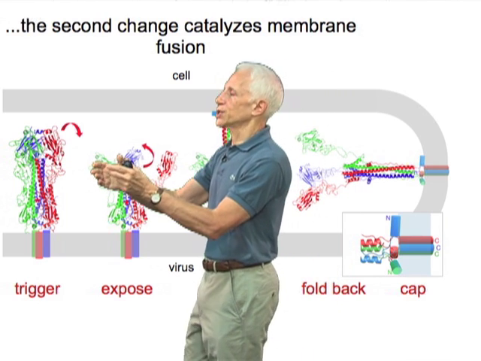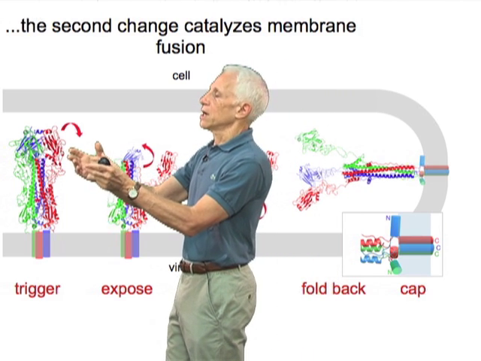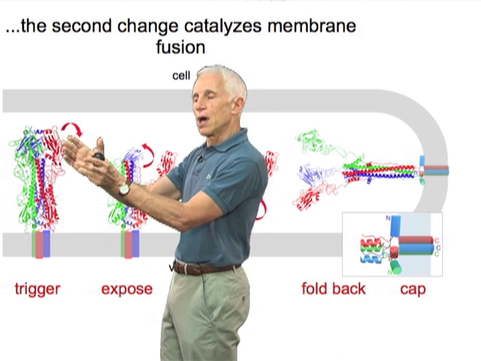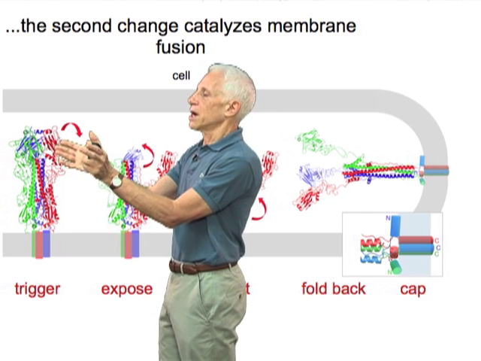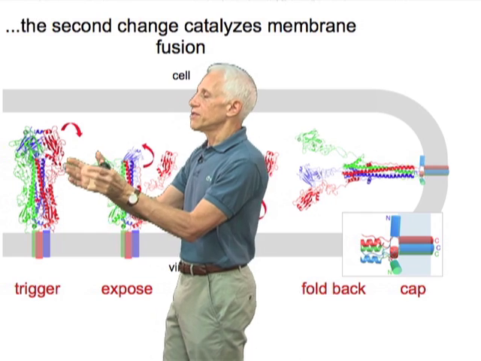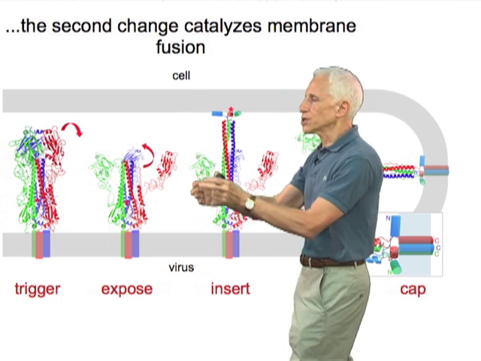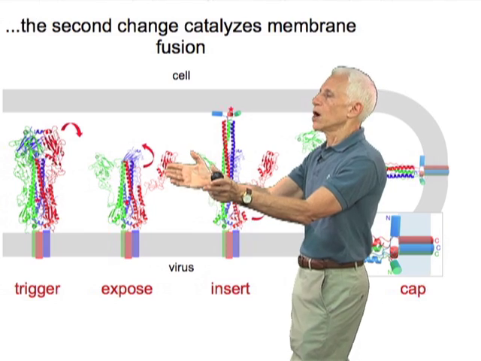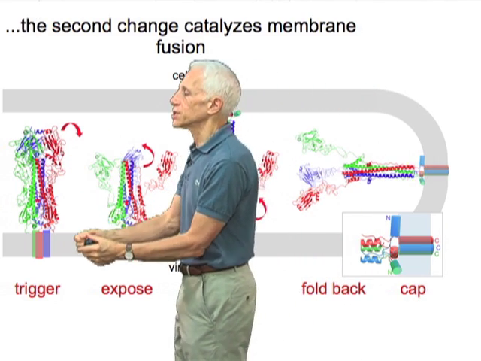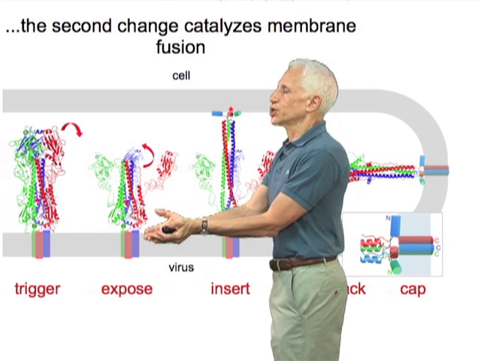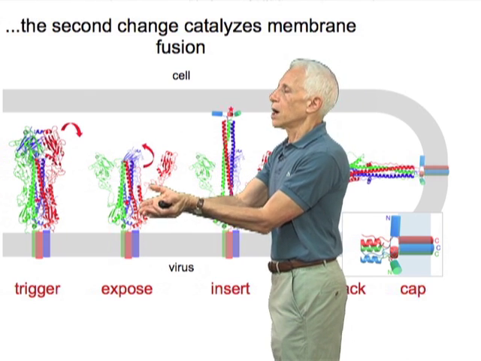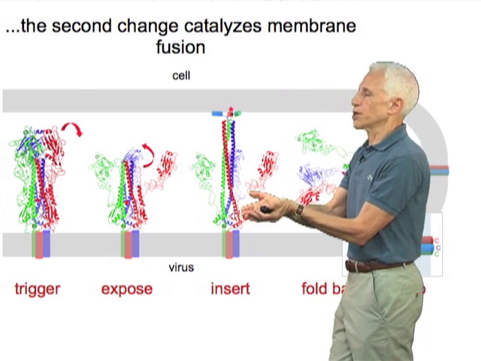But some experiments done already 10 or 15 years ago, actually more than that, nearly 20 years ago now that I think of it, showed that if you knit the tops together, then this process can't occur. So we know that this dissociation of the tops from the stalk occurs. And that allows the stalk, the HA2 stalk, to unfold and refold, so to speak.